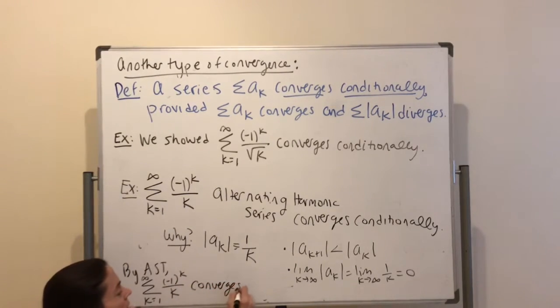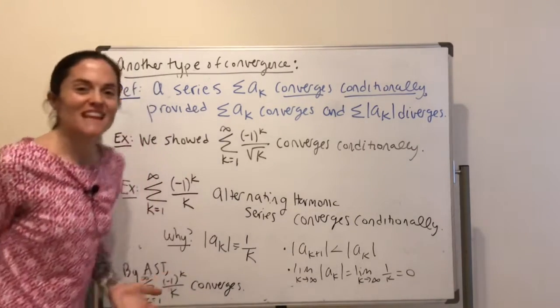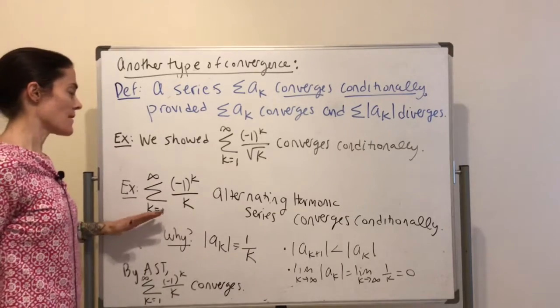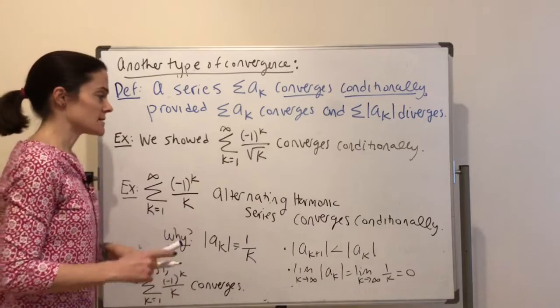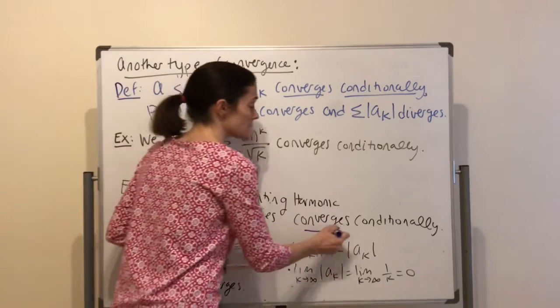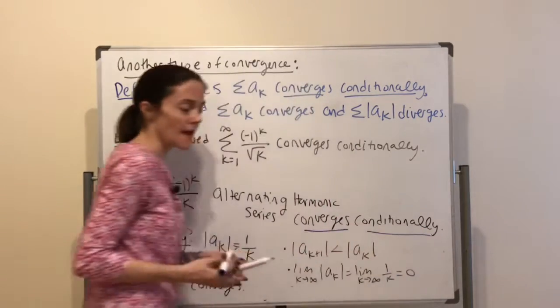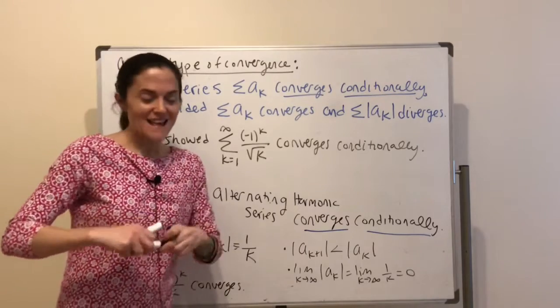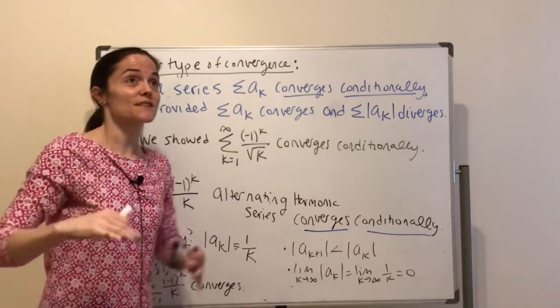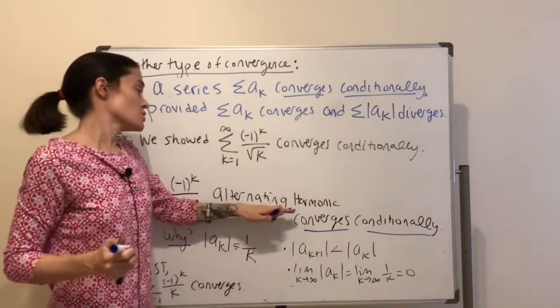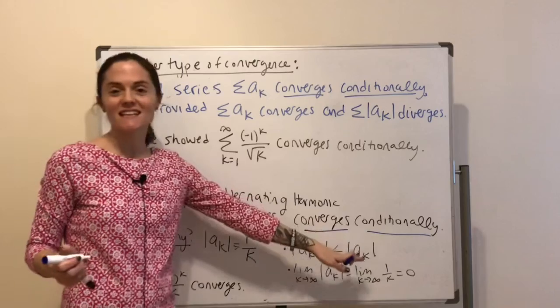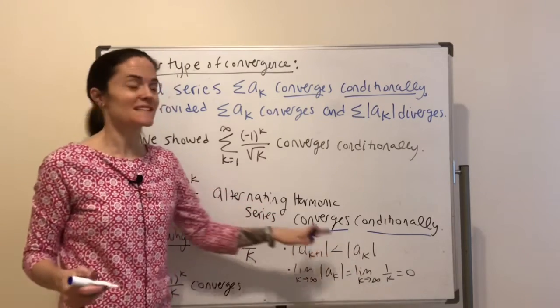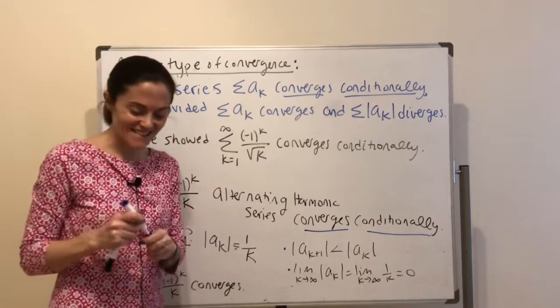It's what I just said, but I wanted to at least think about the alternating series test. Maybe you could have thought about this without me writing anything. The alternating harmonic series converges conditionally. And just like we quote that the harmonic series diverges, you can just quote that the alternating harmonic series converges conditionally, and that's just your reason. That is the alternating harmonic series.